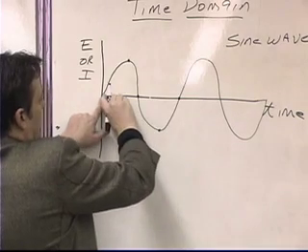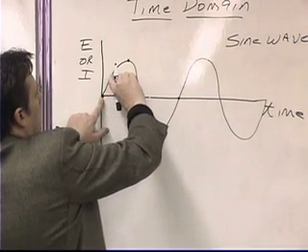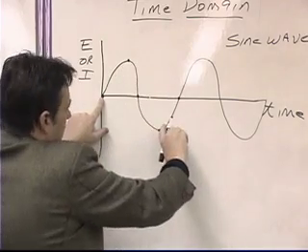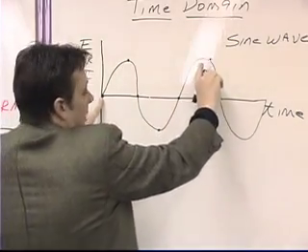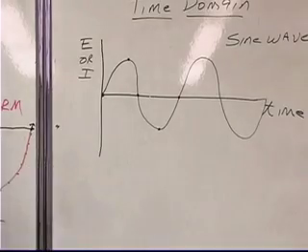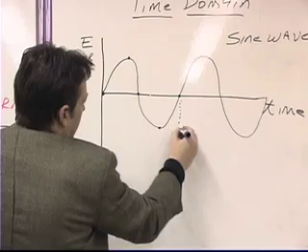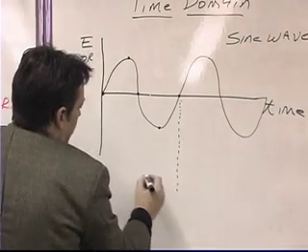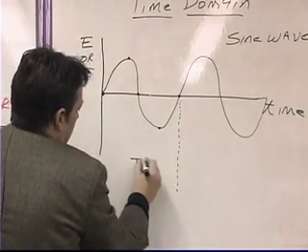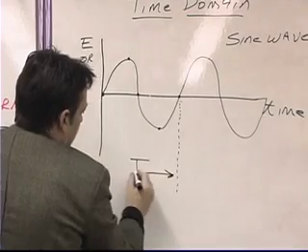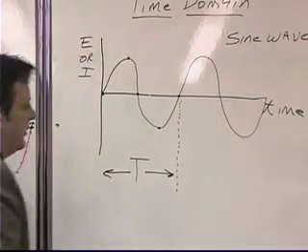In other words, the waveform started going up, went through its thing, and then it starts going up again. That constitutes what we call one period of the waveform. And the period of a waveform is designated with a capital T.